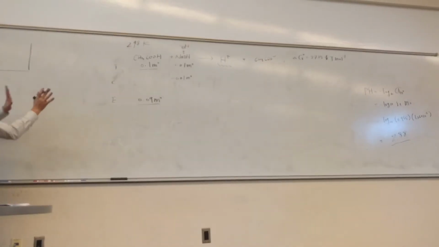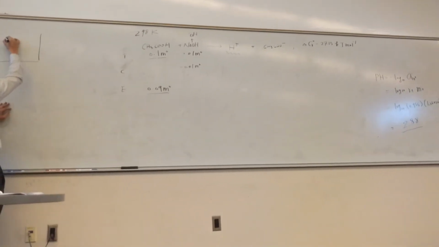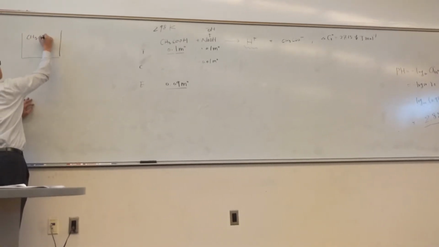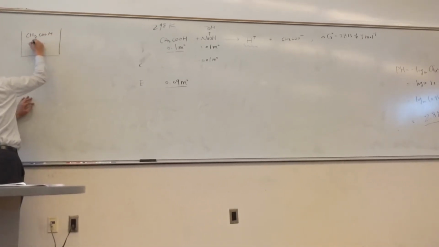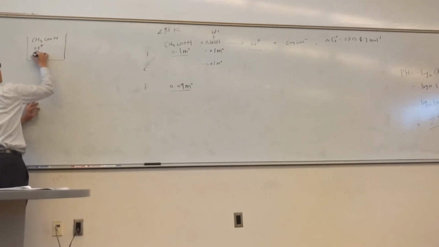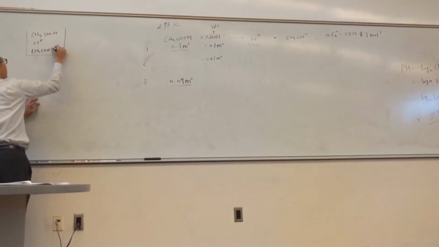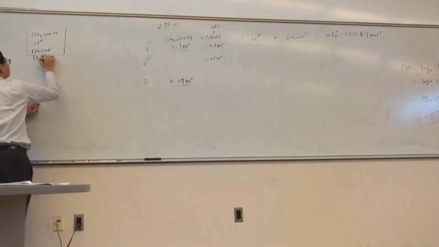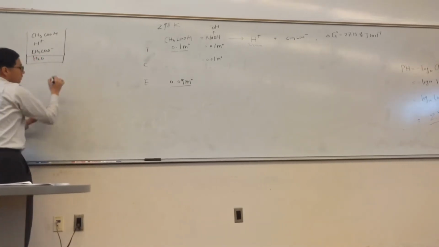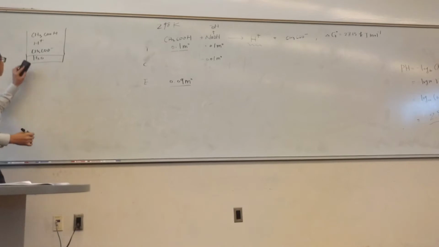Assuming you don't add in any sodium hydroxide, you have CH3COOH, you have H plus, you have CH3COO minus, you have H2O. Everybody agree with this? That's the initial condition before you add in any sodium hydroxide.